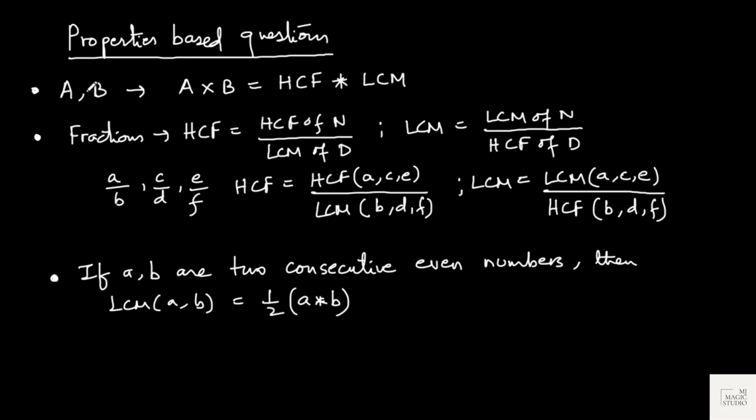If A and B are two consecutive even numbers, we have derived this property from property number 1. So based on these properties, we will look at a few questions now.